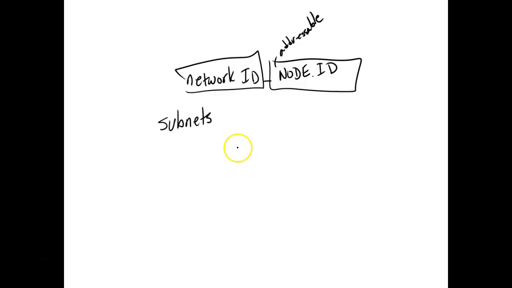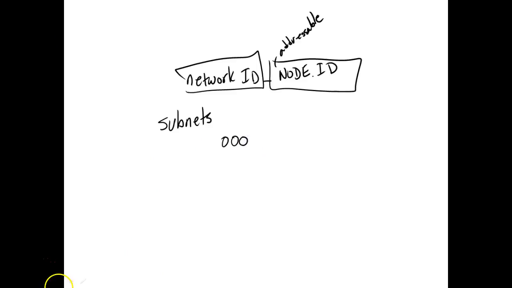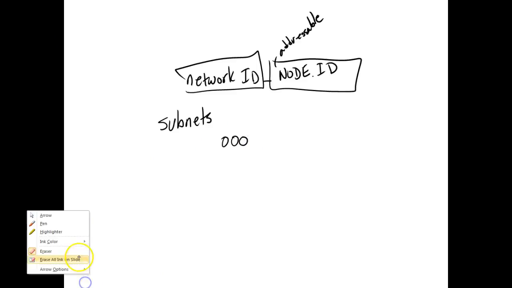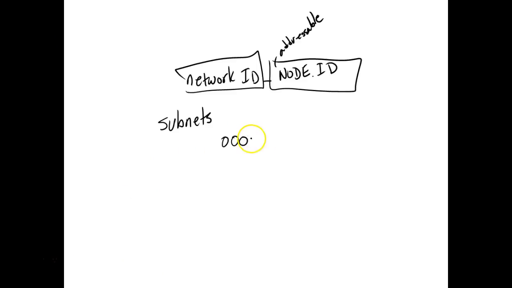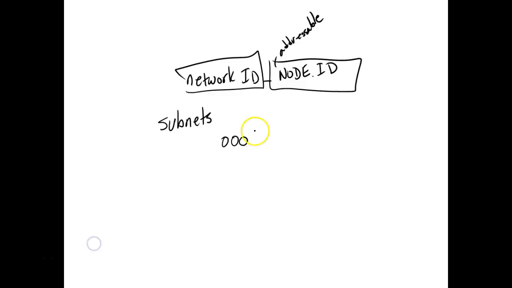So if I come up here and say 10, 10 is real easy to come up with. I'm still doing it wrong. So this would actually be this IP address. I need to bring it back up here. What was it? 10.